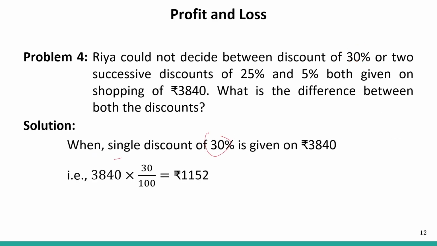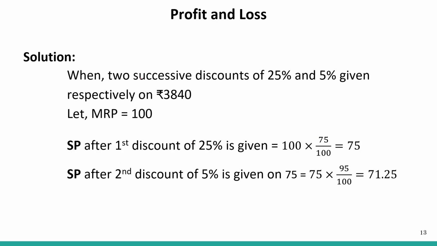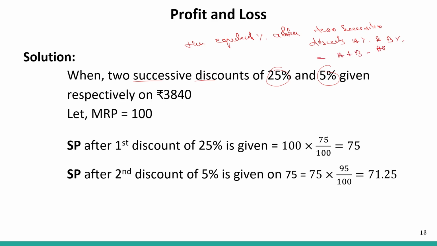So when a single discount of 30% is given, 30% of this much is 1152. When two successive discounts of 25% and 5% are given on this much, we know that the equivalent percentage after two successive discounts, A percent and B percent, is equal to A plus B minus AB by 100 percentage, right?